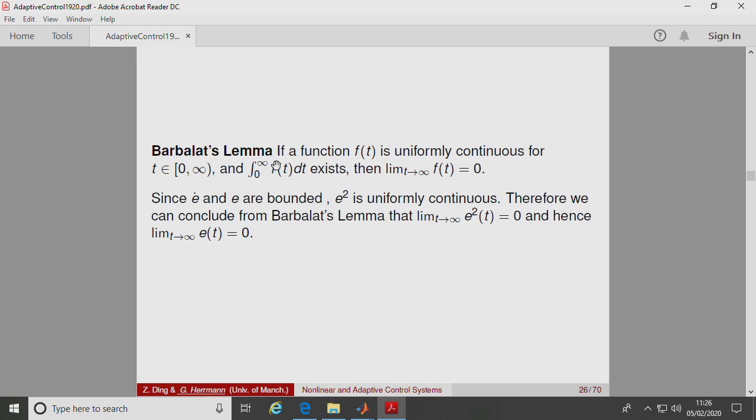So this is a bit of a question mark. What is uniform continuity?